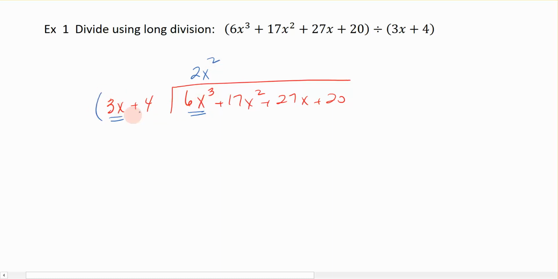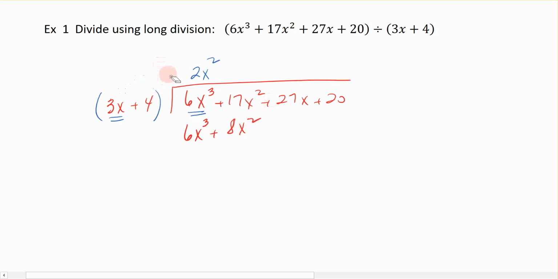Now when we do polynomial long division, though, I'm going to surround this binomial with parentheses so that I can remember that this number on the top has to be multiplied into not only the first term but the second term, so it's like the distributive property. So we take 2x squared times 3x, and we get 6x cubed. Then 2x squared times 4 is a plus 8x squared.